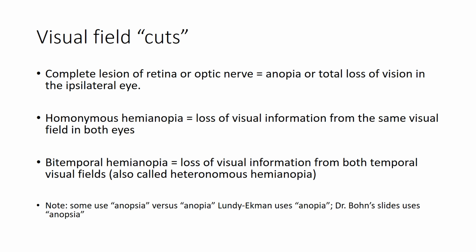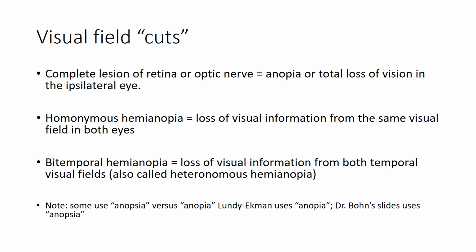Homonymous hemianopia is the loss of visual information from the same visual field in both eyes, so the left side of both eyes or the right side of both eyes. Whereas a bitemporal hemianopia is the loss of visual information from both temporal fields, also called heteronymous hemianopia.